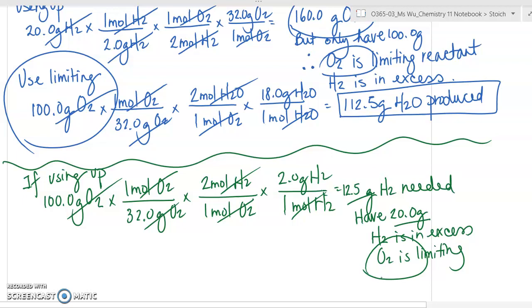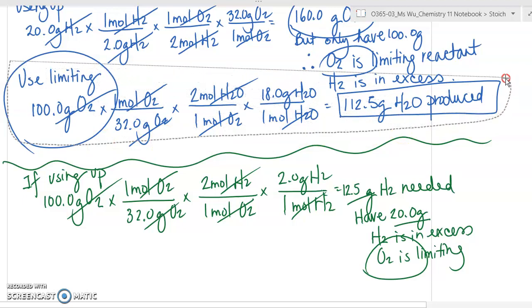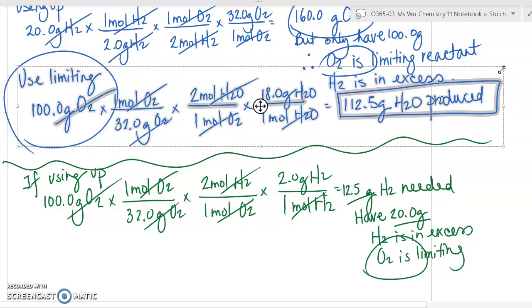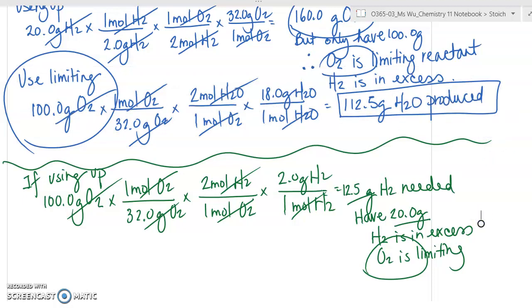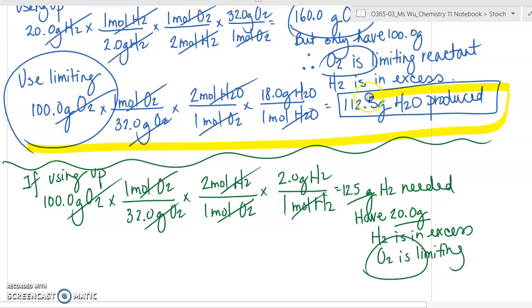And we know oxygen is limiting, so we would just do this calculation right here. These are limiting to figure out how much of the product we could produce.